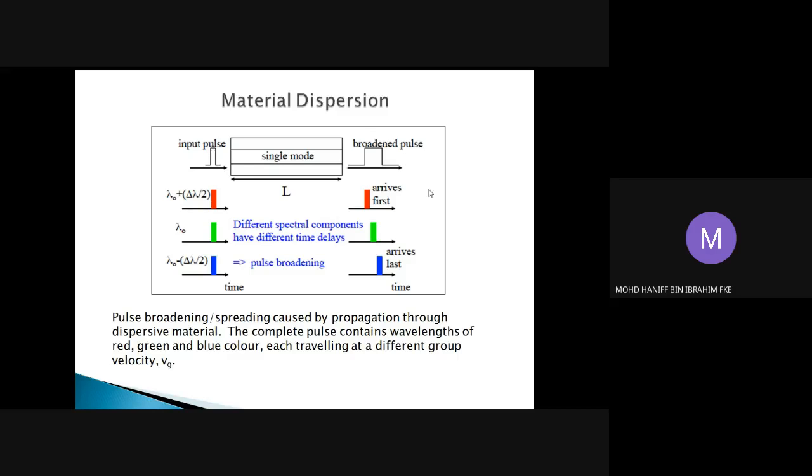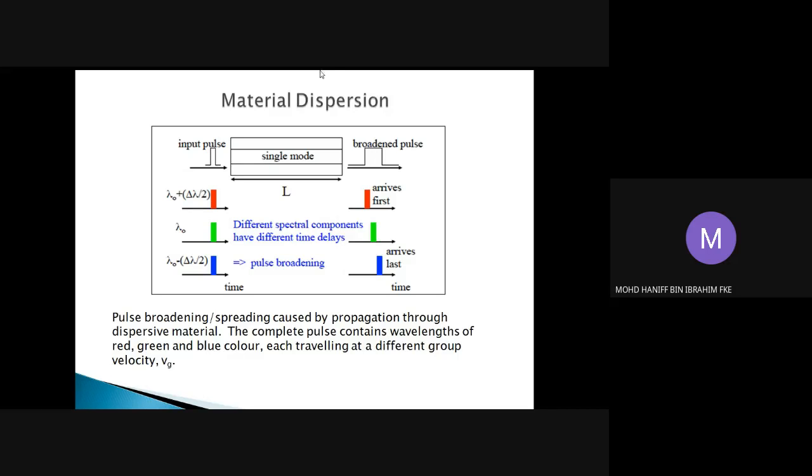Yeah, right. So by this diagram, hopefully you understand how the spectral line width of the optical source will produce dispersion, or material dispersion, in your fiber optic structure. Yeah. Okay.